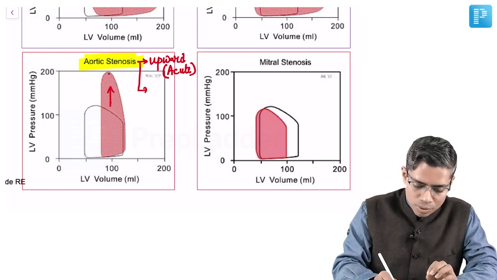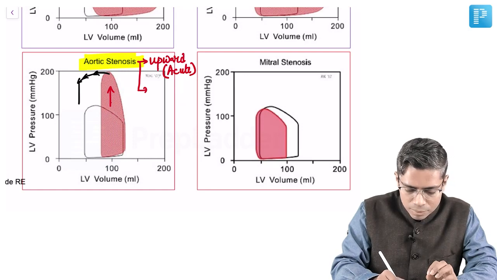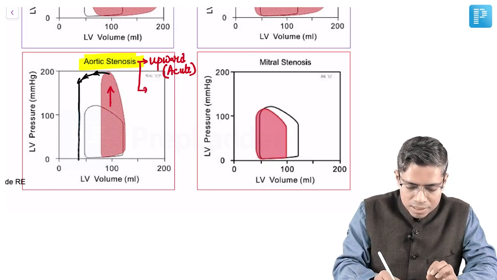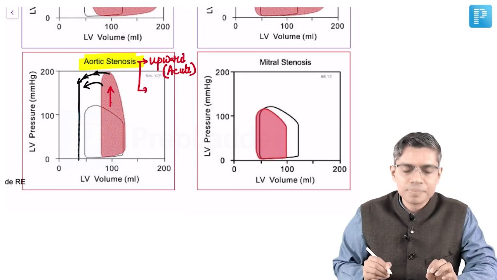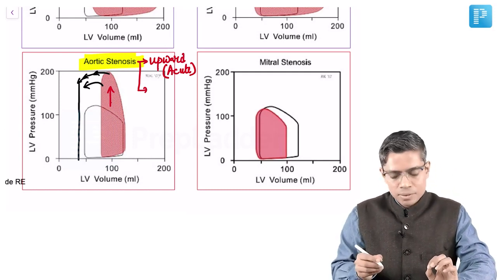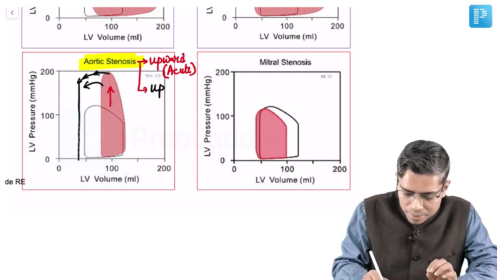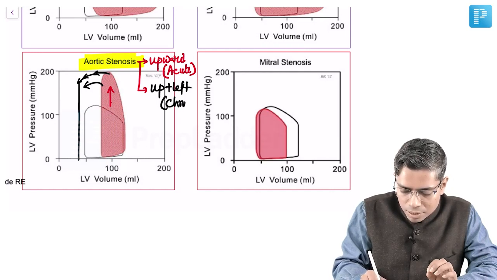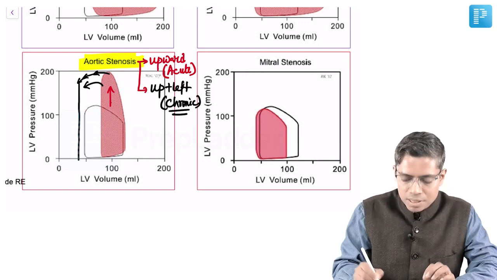If the contractility is high, the curve will shift in which direction? Leftward direction. That's why in case of chronic aortic stenosis, the curve will not only shift in the upward direction, but there will be shift in the leftward direction also. So up and left shifting will occur in case of chronic aortic stenosis.